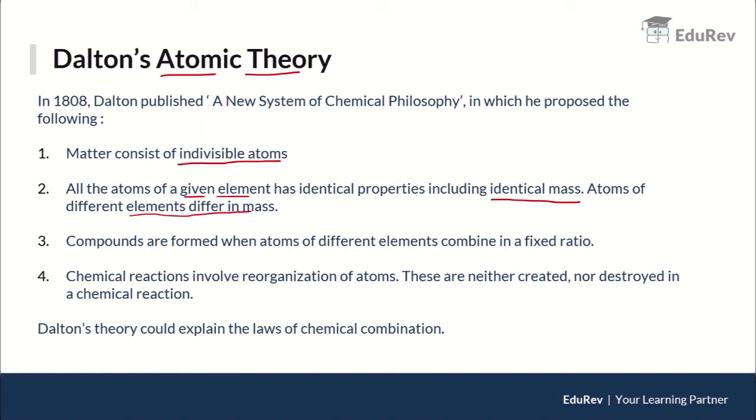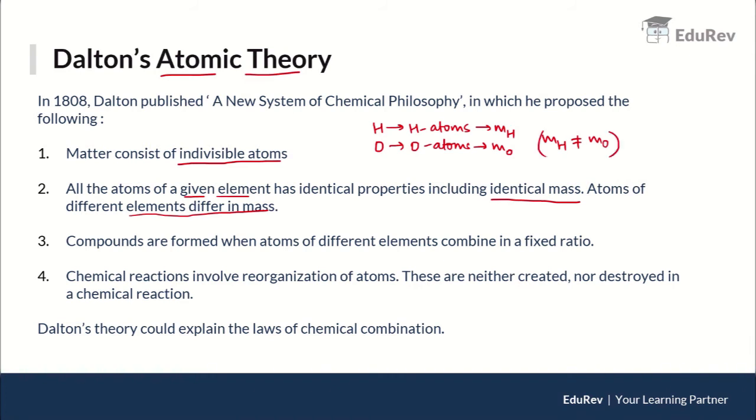Suppose I have an element hydrogen. It is made up of hydrogen atoms and all the atoms have the same mass, which is mH, let's say. And I have another element, oxygen. It is made up of oxygen atoms and all the atoms of oxygen will have mass mO. So the mass of hydrogen atoms would not be equal to the mass of oxygen atoms, right?